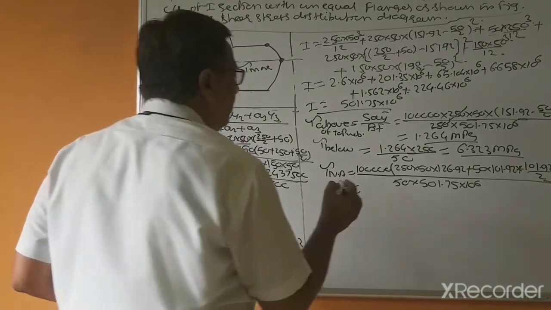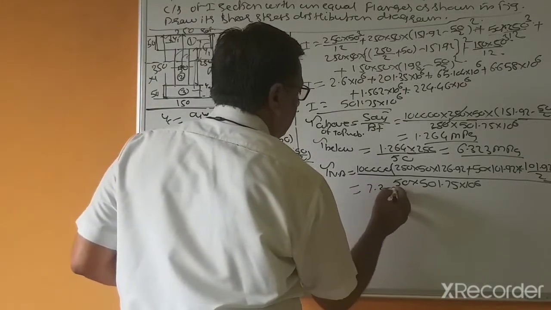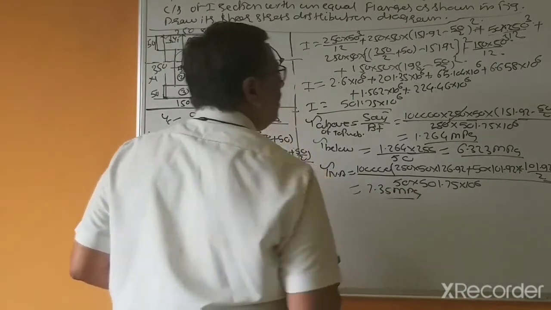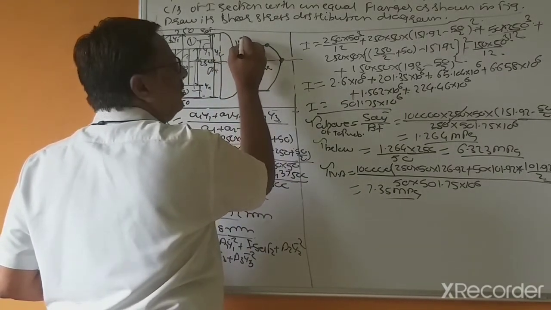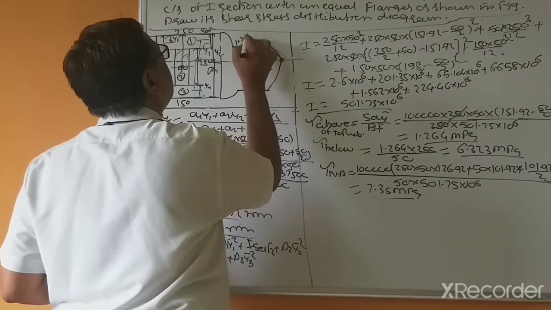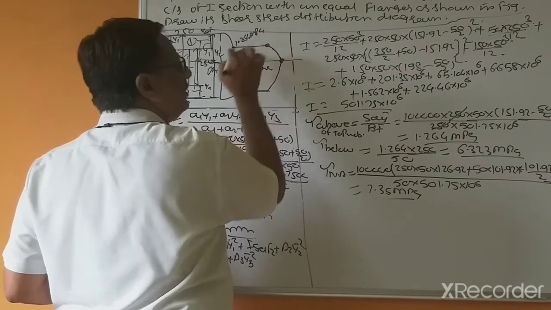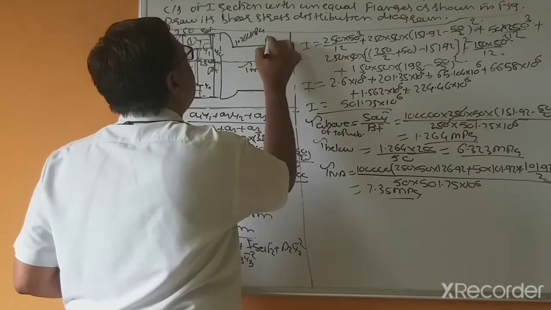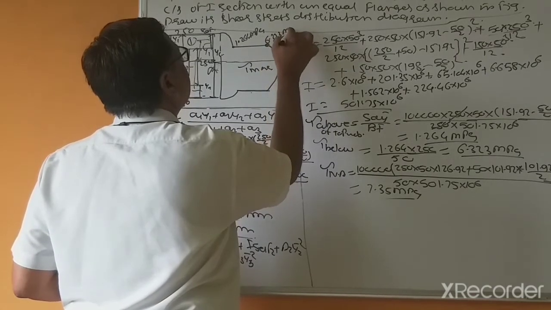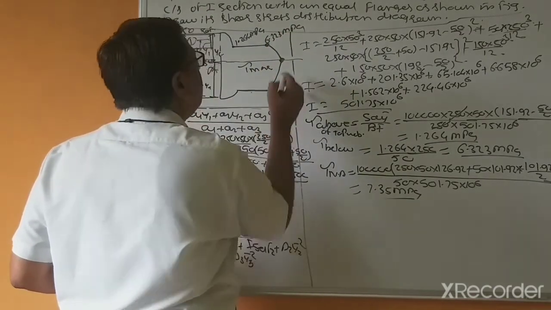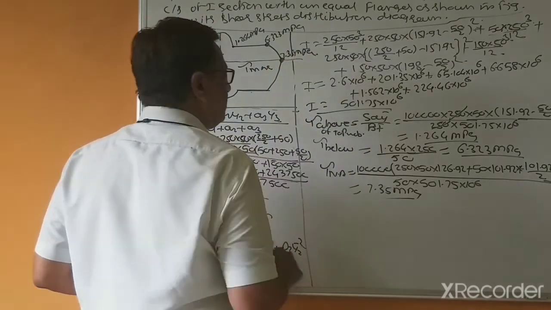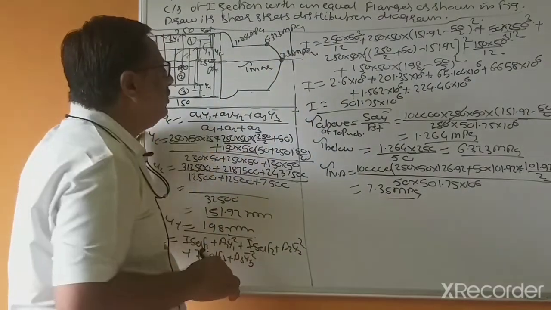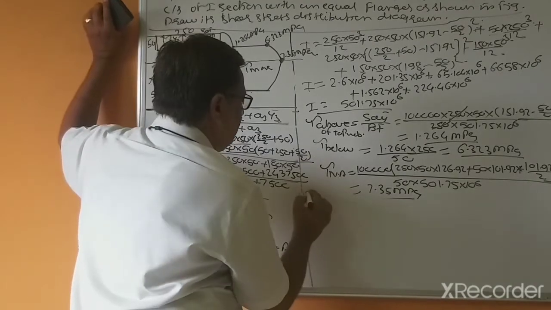So this is 7.35 megapascal. 1.264 megapascal. 6.323 megapascal, and this is 7.35 megapascal.